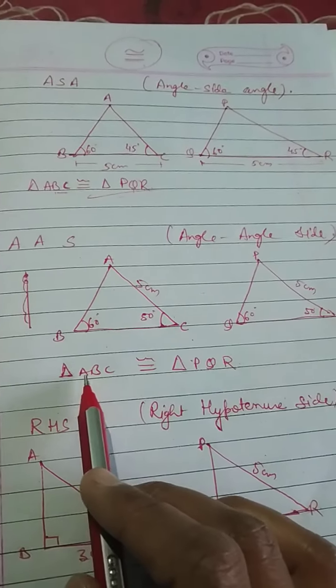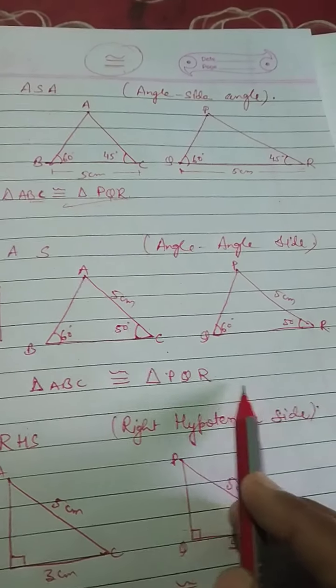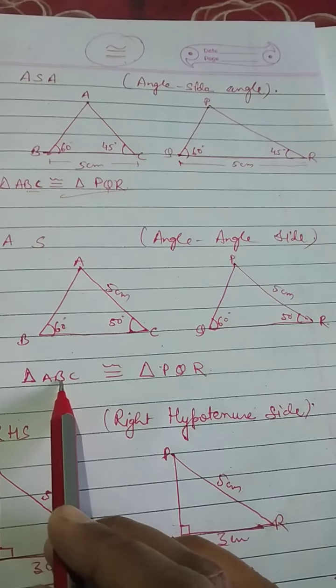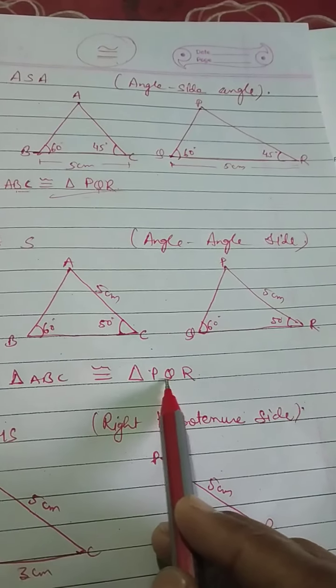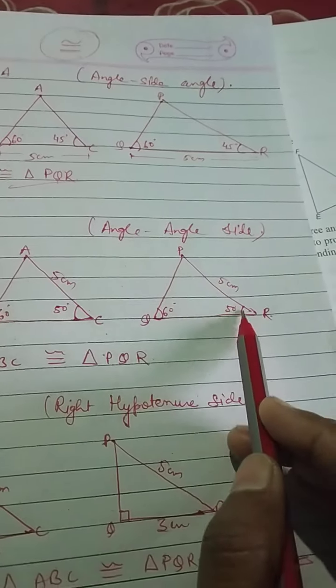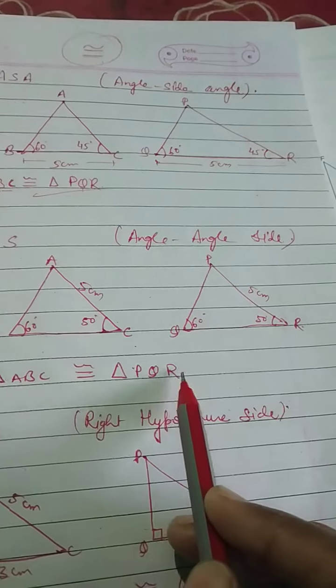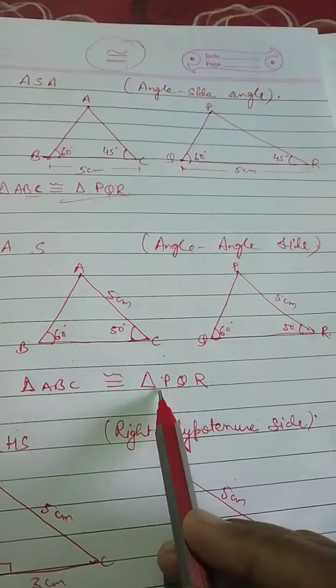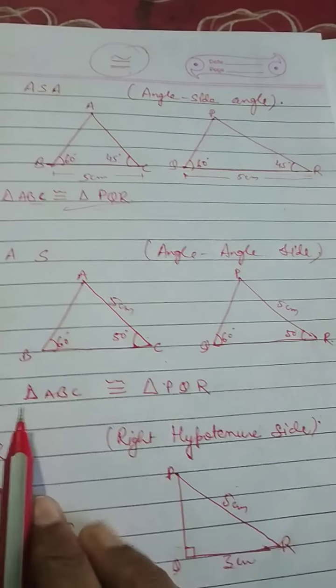So we will write it. Triangle ABC is congruent to triangle PQR. You can see B is equal to Q. So B is here in between, and we will write Q also in between P and R. And angle C is equal to angle R. So C is written here last, so R will also be here last. And A is equal to P. ABC is congruent to PQR.